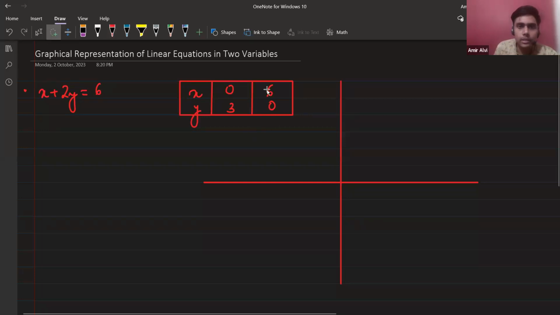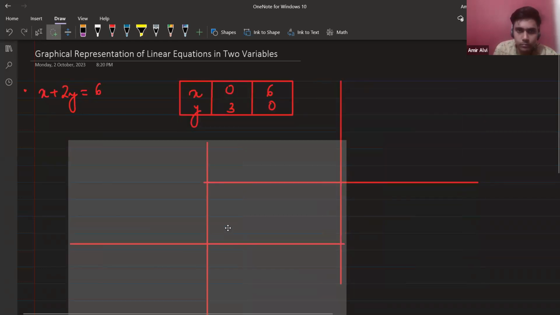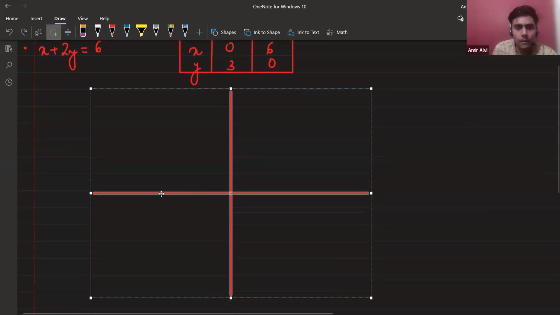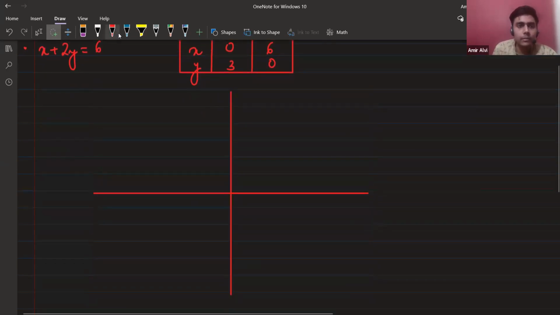Let me take this graph on this side. So now, Simran, tell me, dear, this is our graph. So this is our origin.